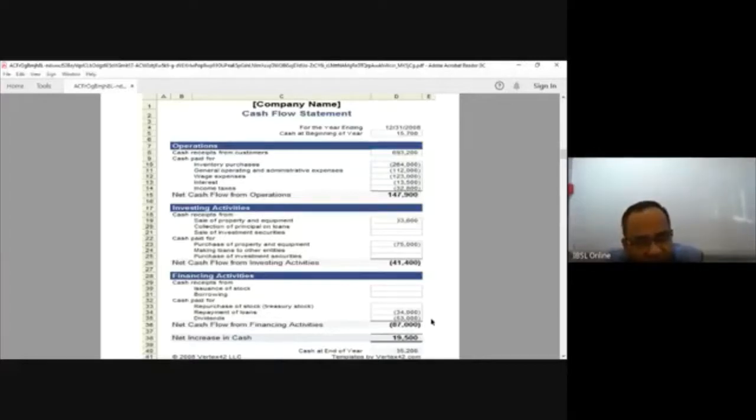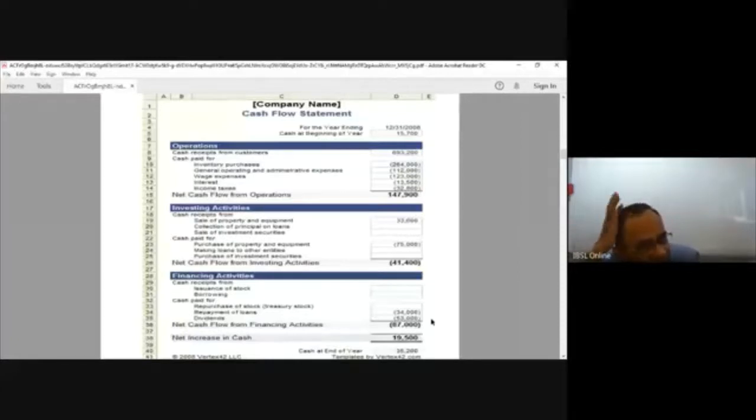Then cash paid for any repurchase of assets. Normally, the repo we have learned, selling and buying back.